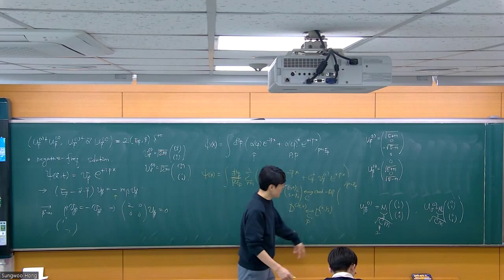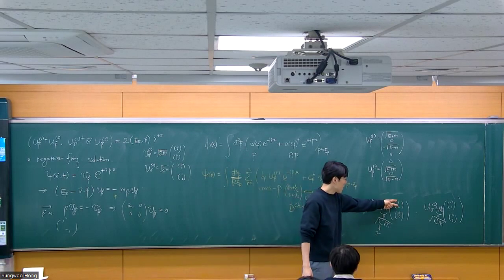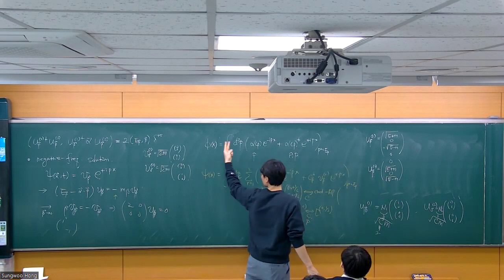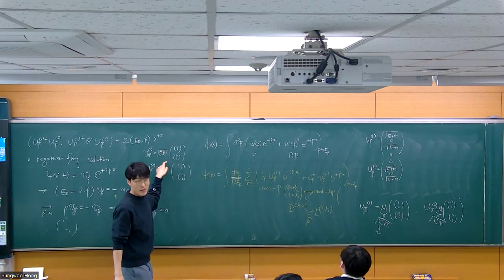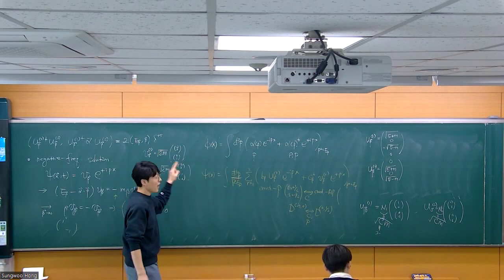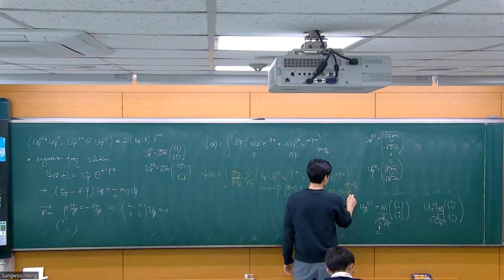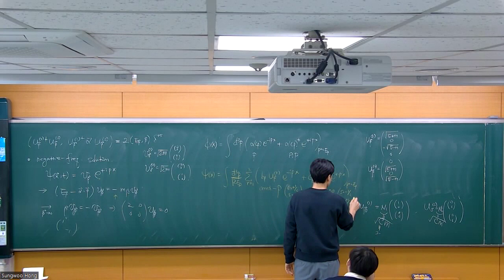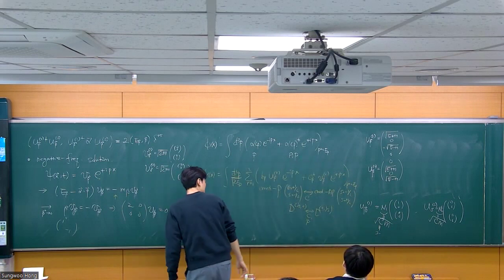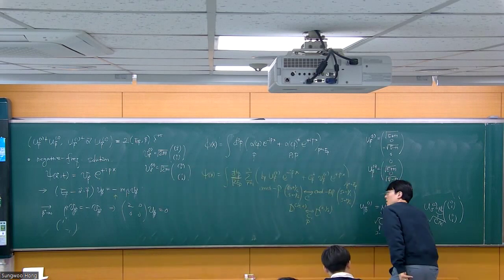So if I had a spin up particle under C, I want to map that onto the V1, which is a spin down. Okay, and vice versa. So that's why.